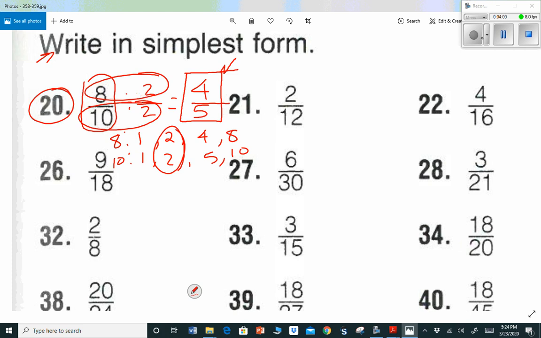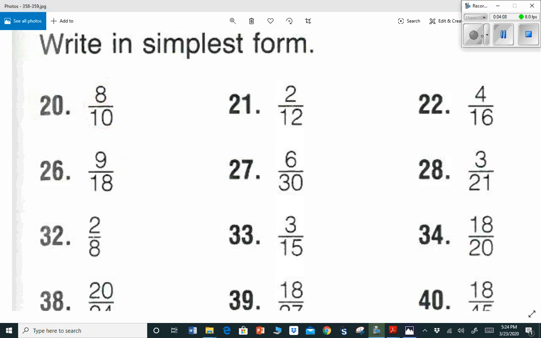Now, you don't necessarily have to write out all of this finding the GCF. I'm hoping that you can do some of that in your head. Okay, number 26. I'd write the fraction divided by fraction line equals fraction line. I'm hoping that you recognize 9/18 as being 1/2, and if you do, that's fine.